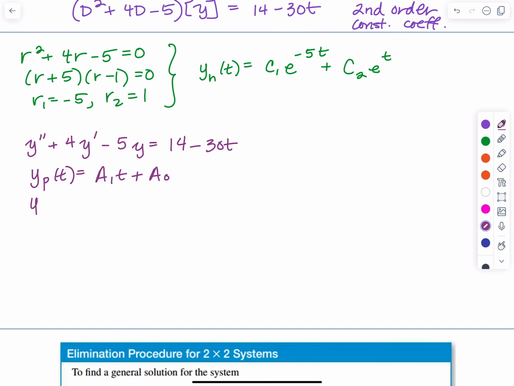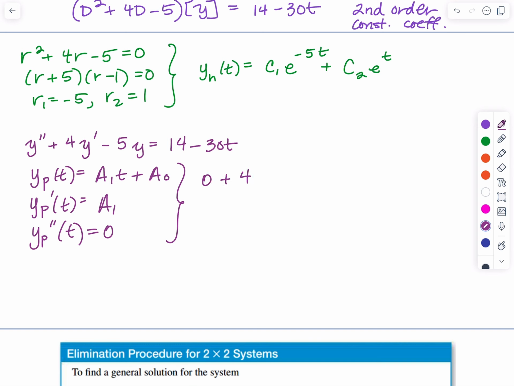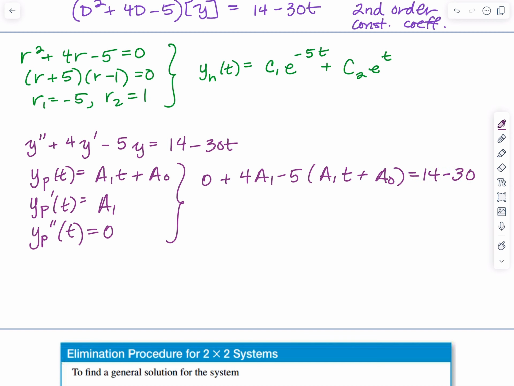And of course we have yp prime is a1 and yp double prime is 0. So putting these together, we can say that 0 plus 4a1 minus 5 times a1t plus a naught is equal to 14 minus 30t.